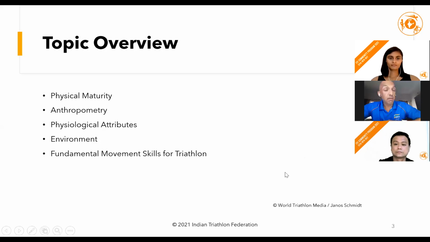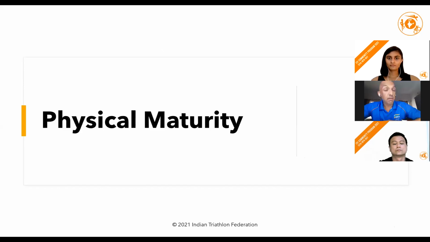So when we talk about physical maturity, what do you think are we discussing? What kind of skills do we look for in triathletes? And just the first thought that comes into your mind.